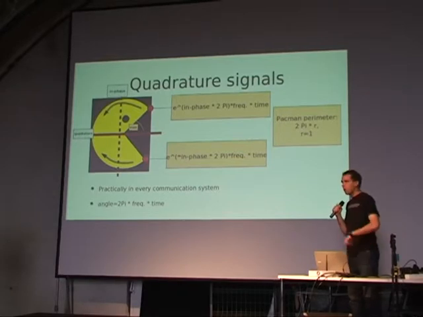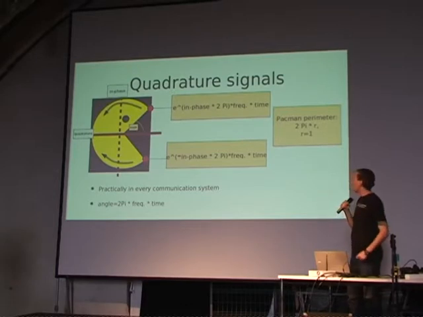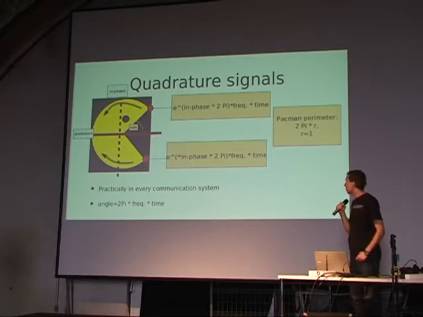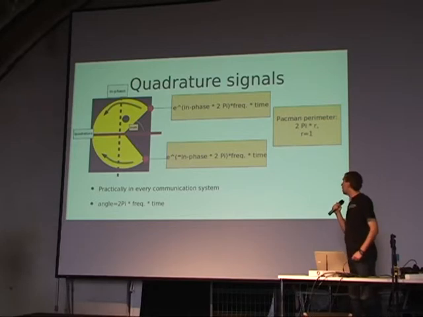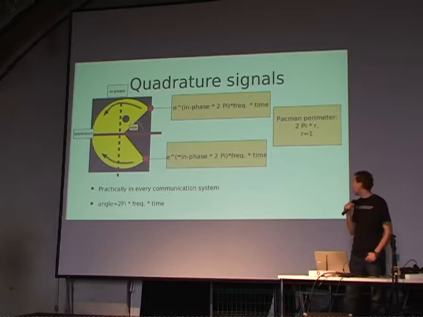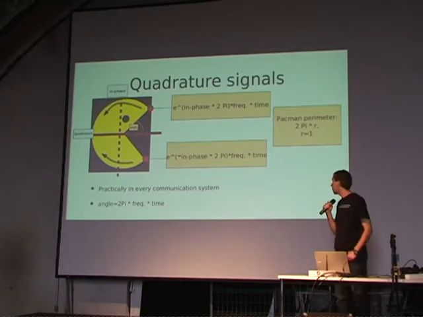Practically, these dots walk as shown with the arrows, so they move. And this is practically used in every communication system, so this is a relatively central approach. And what we look at is the angle, which is 2 times pi times frequency times time, which should correspond to the frequency.